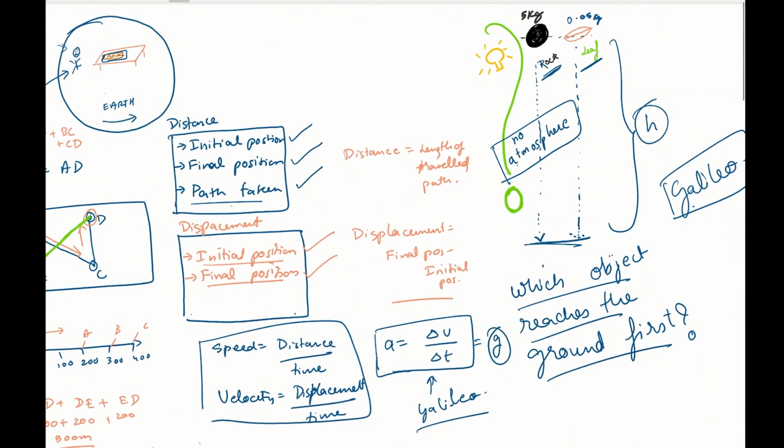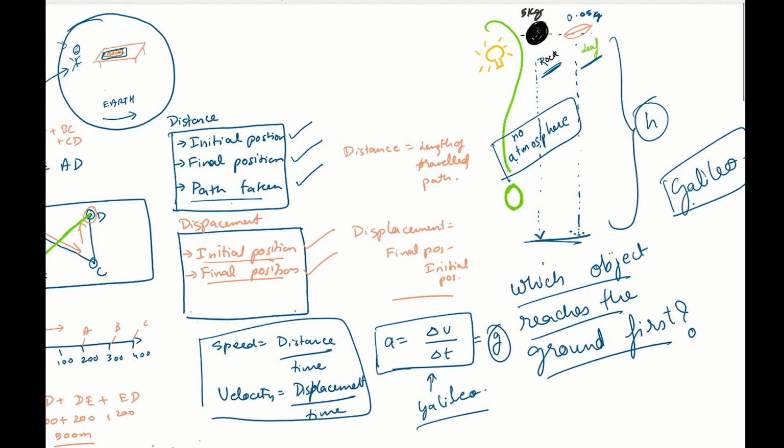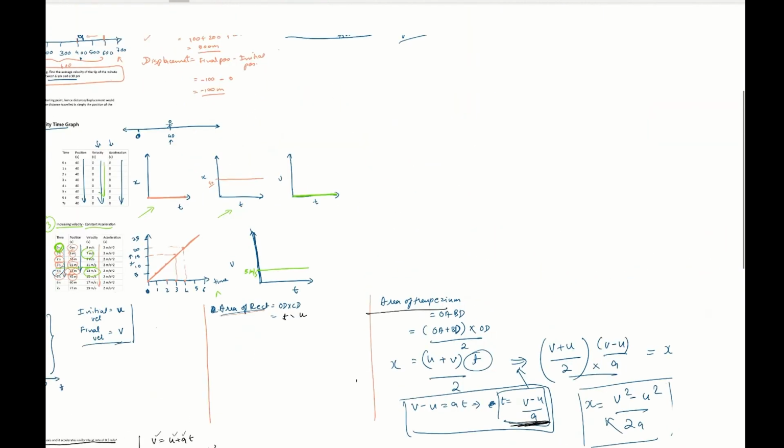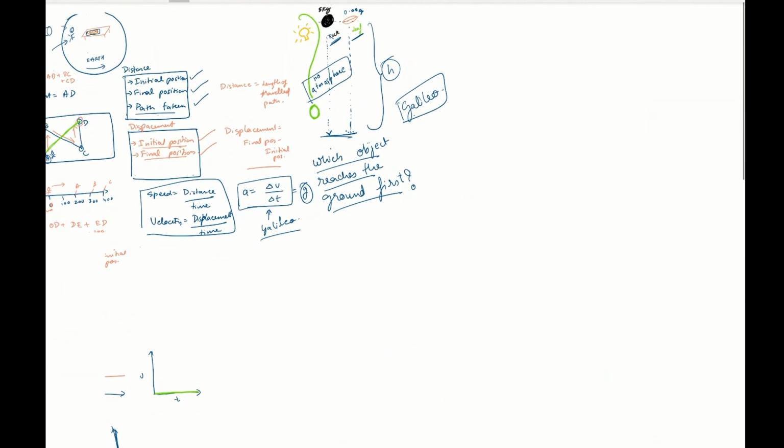Now we have two different objects of different masses. Which one would fall first if there is no atmosphere, or which object reaches the ground first? The answer to this question is hidden in the equations that we derived: v is equal to u plus at, v square minus u square equal to 2ax, and x is equal to ut plus half at square.